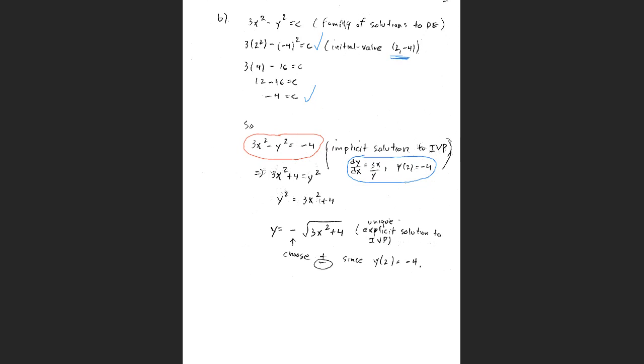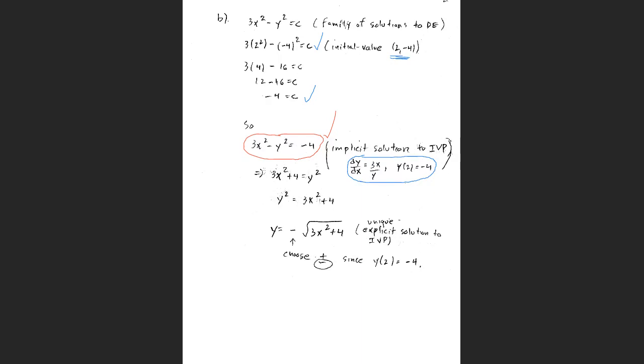But of course, you're used to seeing explicit solutions. Like in Calculus 2, you would solve a differential equation using separation of variables and you would get y equals a function. Well, we can do that. I can rewrite this implicit solution as an explicit solution, where y equals a function.